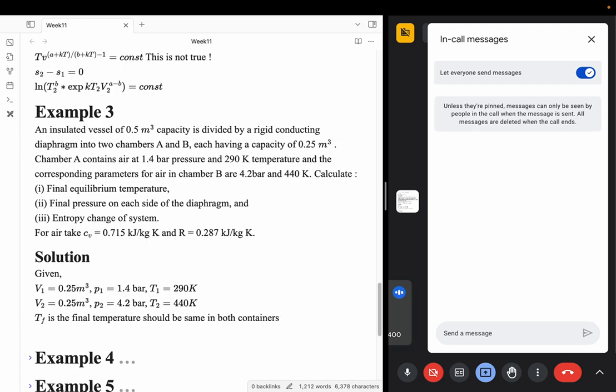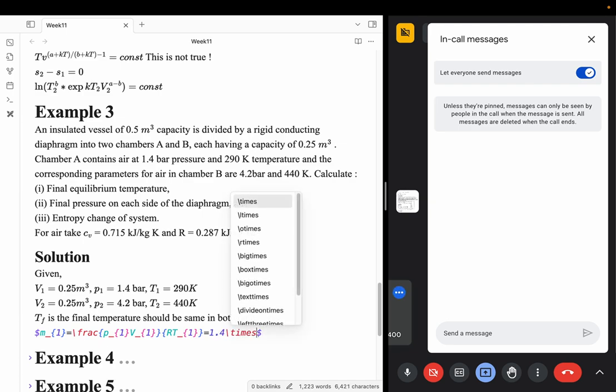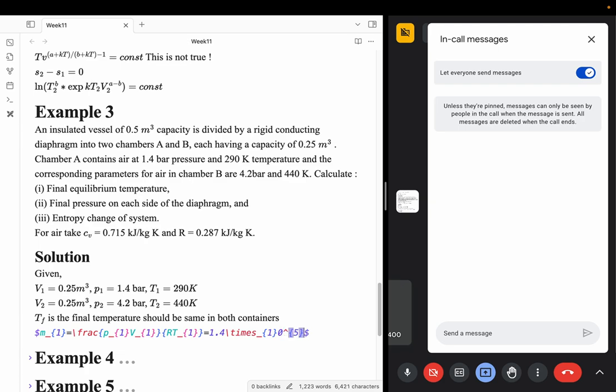Yeah, so the first step would be to calculate the masses. So M1 is P1 V1 by R T1. So you can calculate that. P1 is 1.4. I'll directly write the value: 0.42 kilograms.